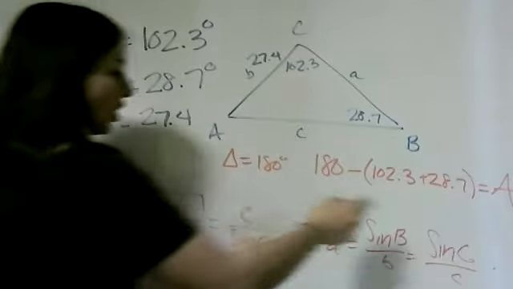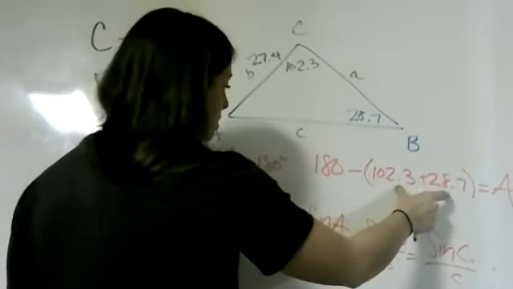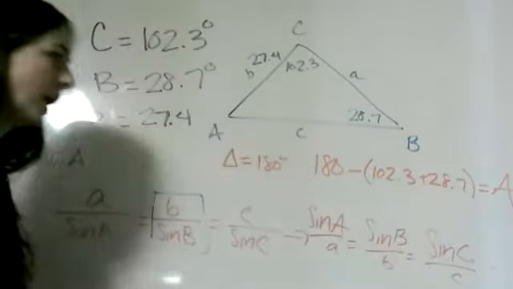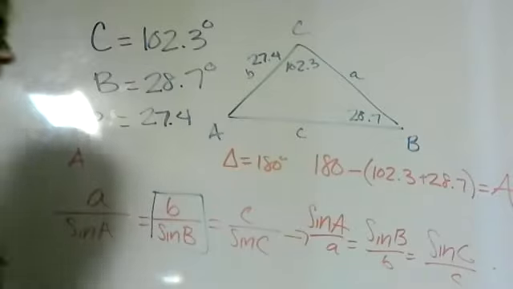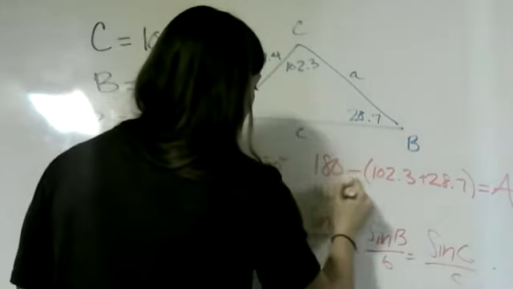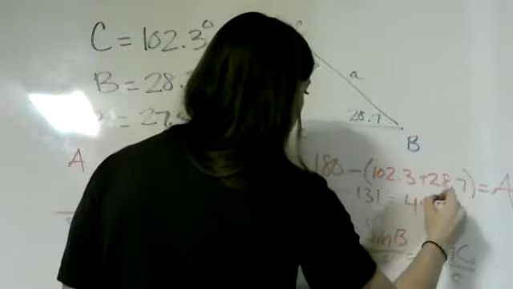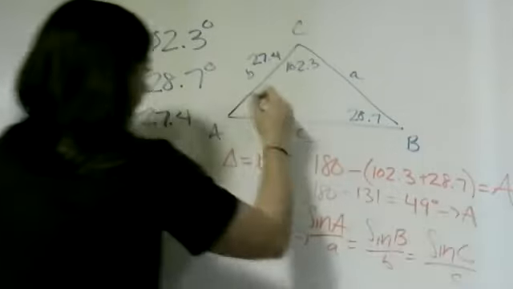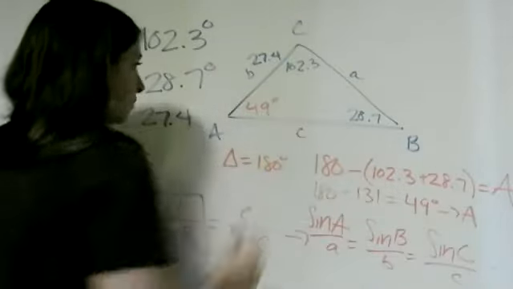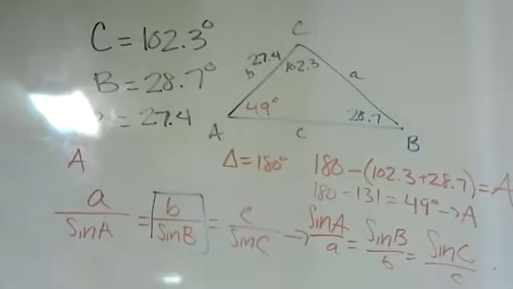Their sum subtracted from 180 is going to be that last angle measure. So I have 180 minus 131 gives me an angle measure of 49 degrees for angle A. Okay, so that's that last angle measure.